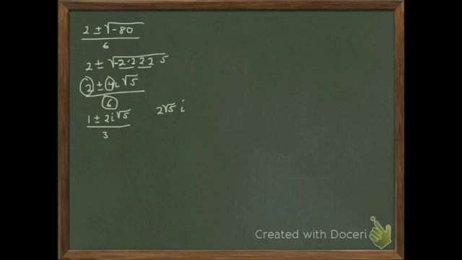And divide the bottom, and x equals this. Now notice that represents 2 values. What do you mean it represents 2 values? Well, I have 1 plus 2i square root of 5 over 3, and 1 minus 2i square root of 5 over 3. Okay, 2 values.